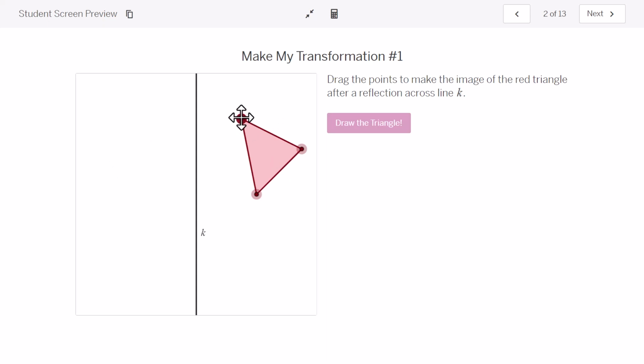Okay, so the mirror image of this coordinate, I'm going to say would be right about here. The mirror image of this coordinate, I think would be right about here. And the mirror image of this one is kind of difficult. Looks like it might be right about there. Okay, and it'll draw that triangle for me. Not too bad.